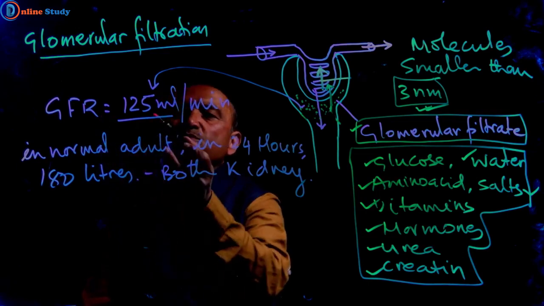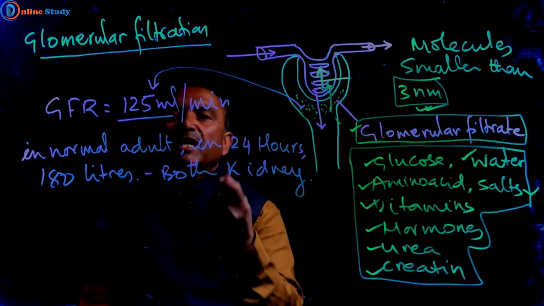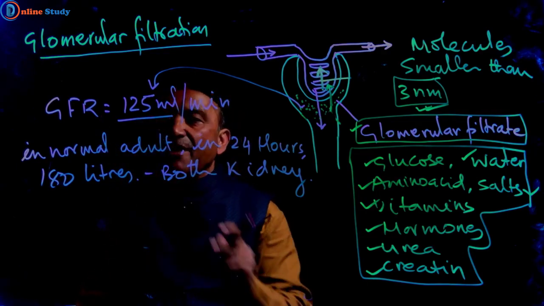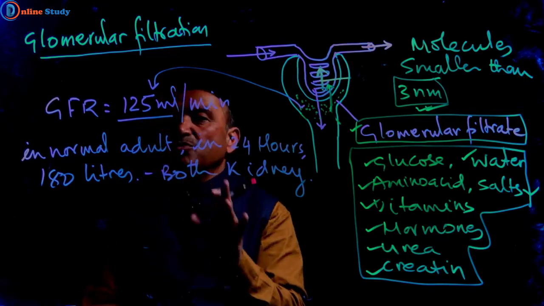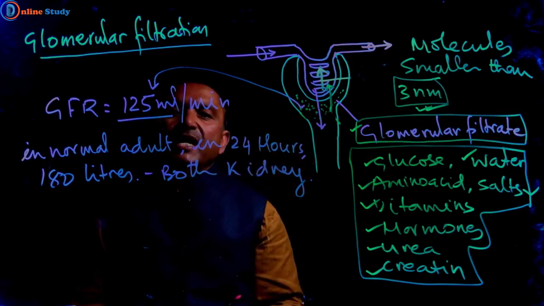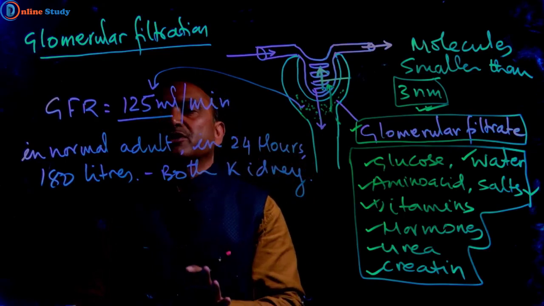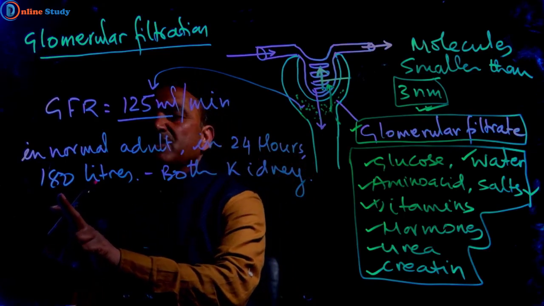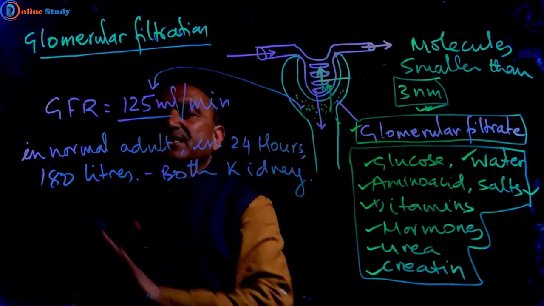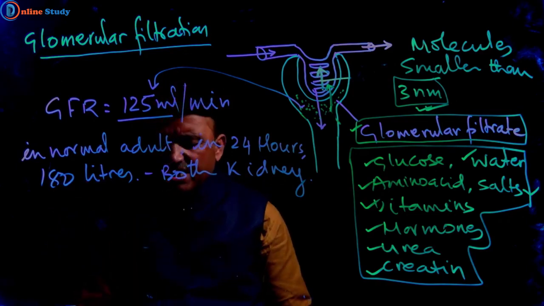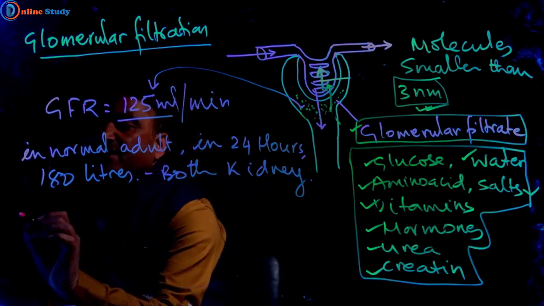Glomerular filtrate is 125 ml per minute, or you can multiply 125 ml with 60, meaning in 1 hour, and multiply it with 24. So you will get this value, 180 liters.